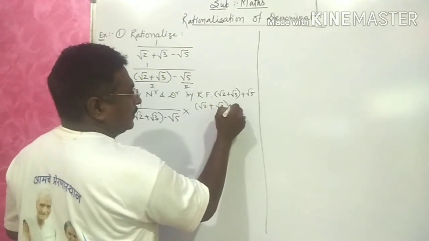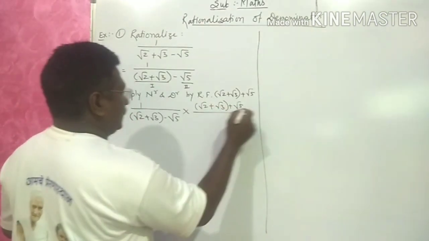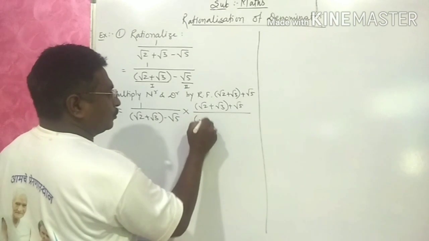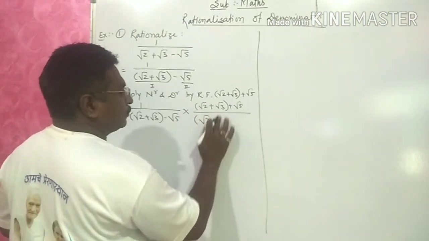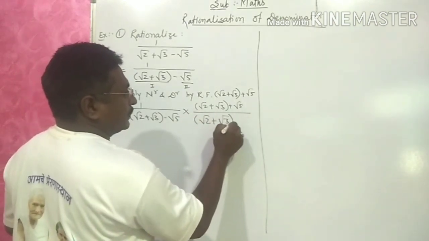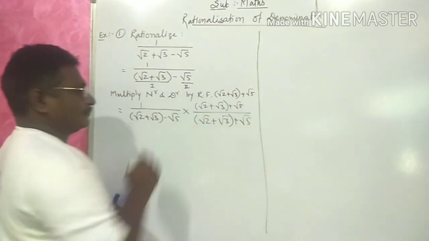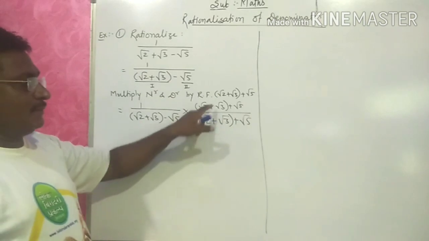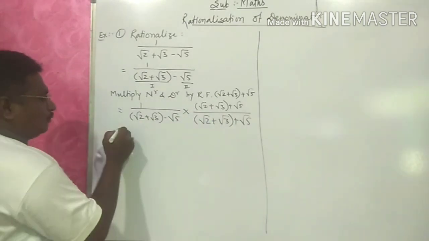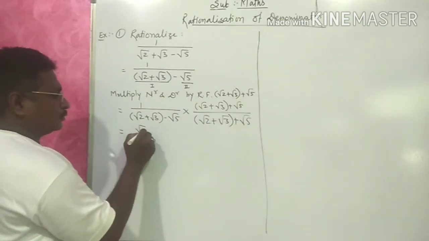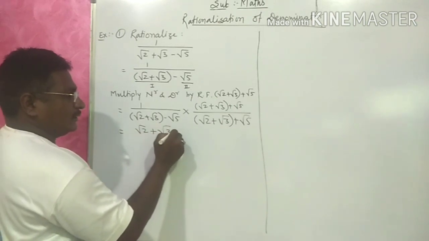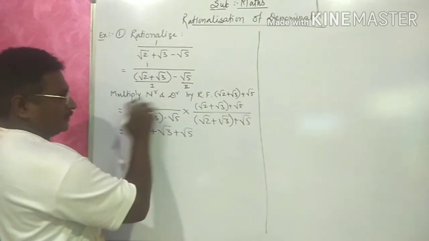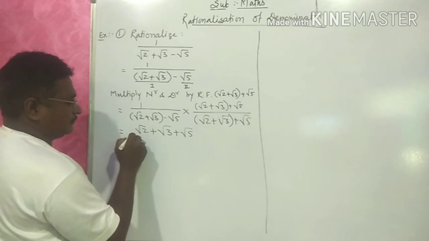So now rationalize: 1 by root 2 plus root 3 minus root 5, multiply by root 2 plus root 3 plus root 5 by root 2 plus root 3 plus root 5, numerator and denominator by the same number. Now what will we get? Root 2 plus root 3 plus root 5, 1 multiplied with each and every term.